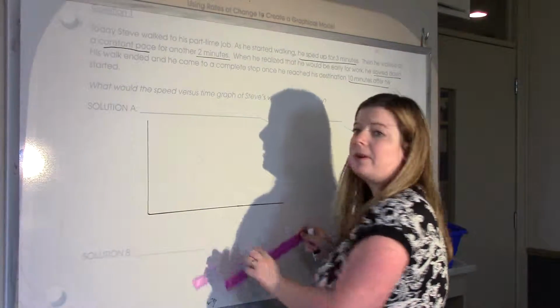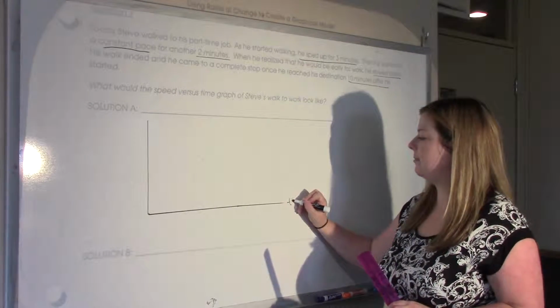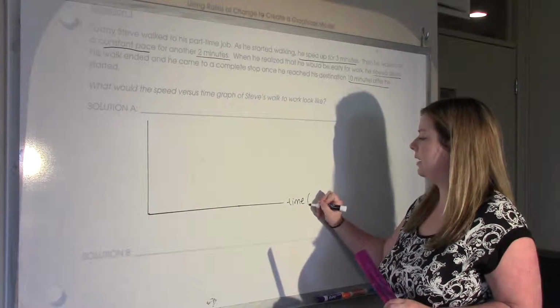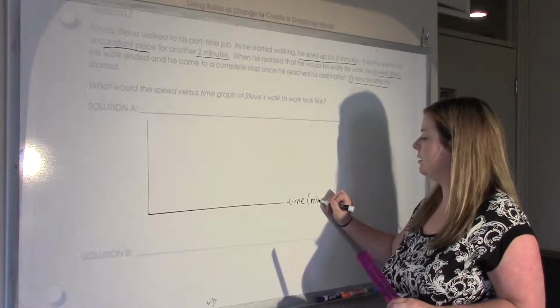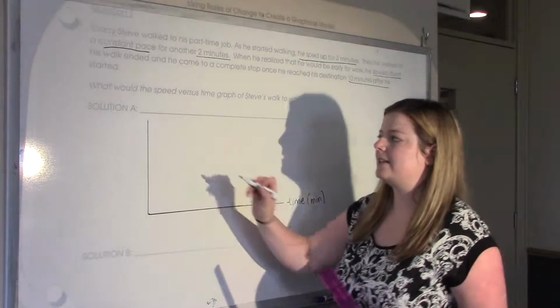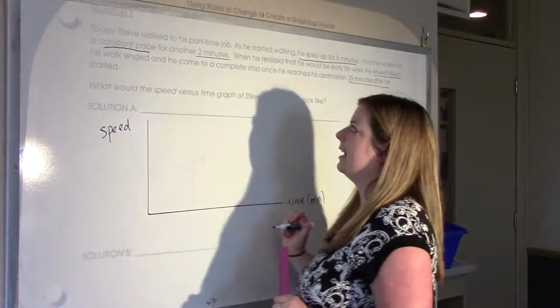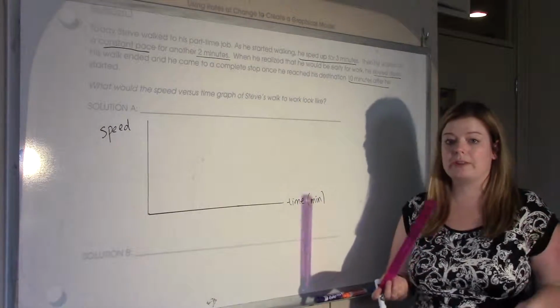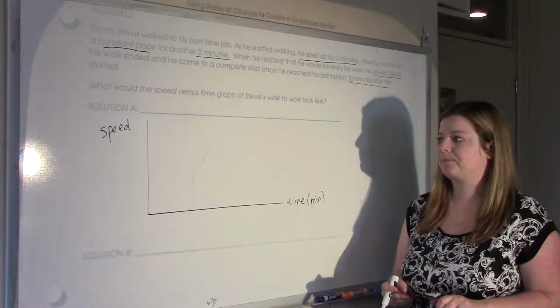Okay, I always start by labeling my graph with the appropriate variables. So we have time here as the independent variable, and it's given to us in minutes. And then we have speed as the dependent variable. And notice we're not given an actual number for speed, it's just increasing, constant, or decreasing.